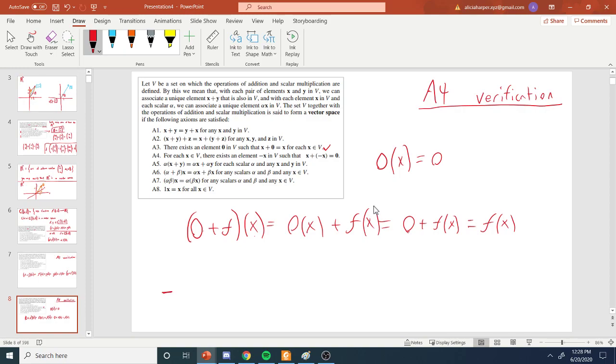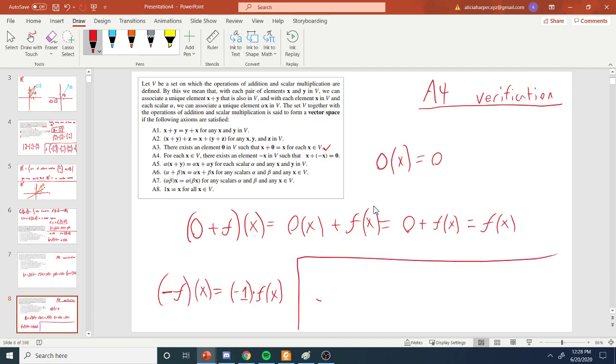Why don't we set negative f of x to simply be negative 1 times f of x. Now, look what happens when we add f to negative f. Well, we're going to get f of x plus negative 1 times f of x, which is just going to be equal to 0, and this is the 0 function.